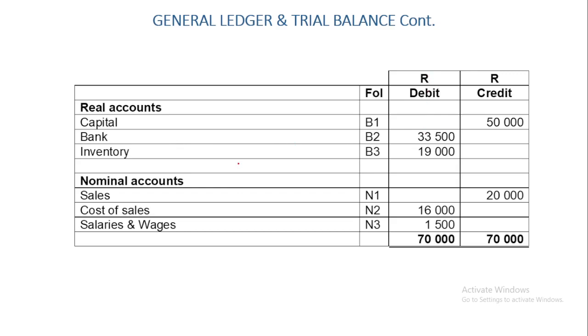Then we move to the nominal accounts, where all the incomes will be recorded on the credit side, and all the expenses, including cost of sales, will be recorded on the debit side. We need to make sure that at the end your trial balance balances, so everything on the debit should equal the credit side, showing the effects of the accounting equation: everything balances.